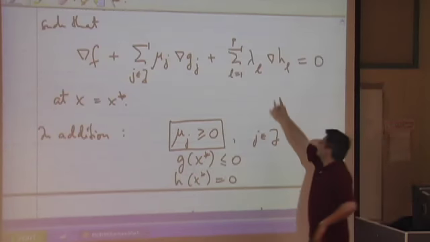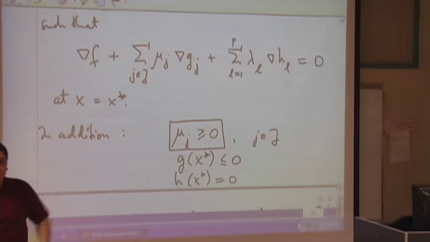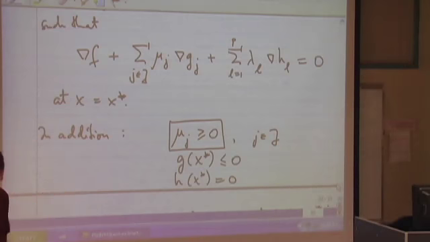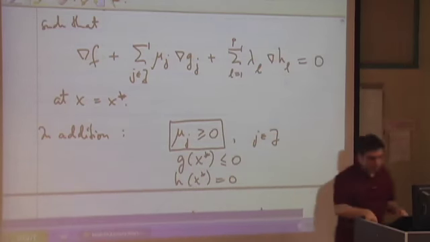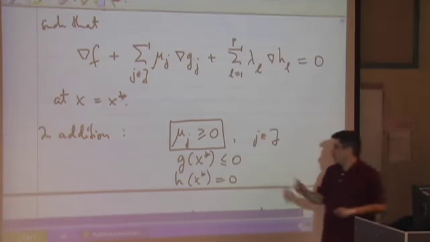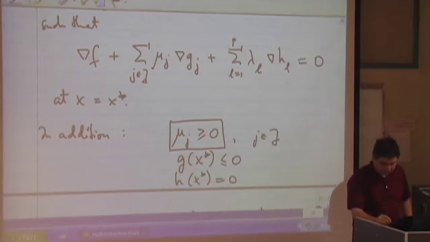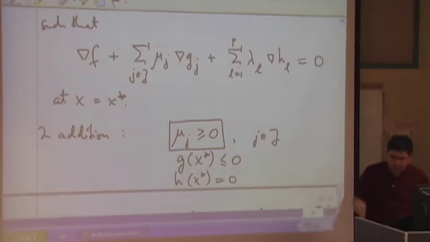Signs of lambda, we don't know, because for equality constraints, you can always flip h with negative h. You flip the gradient. But for inequality constraints, that's important.